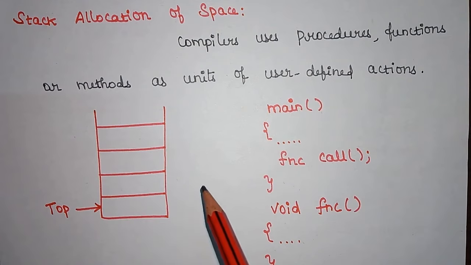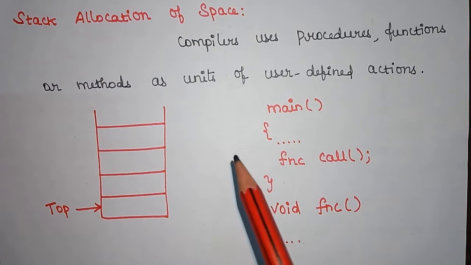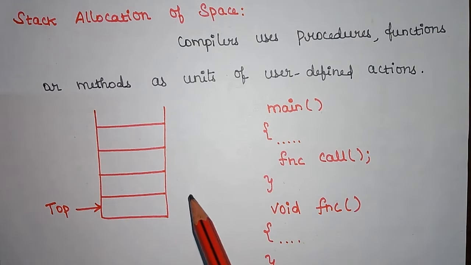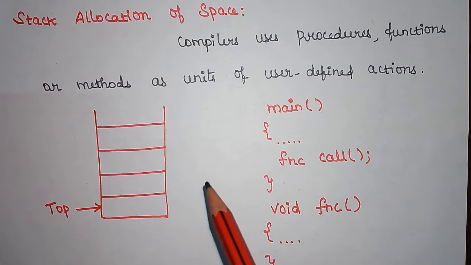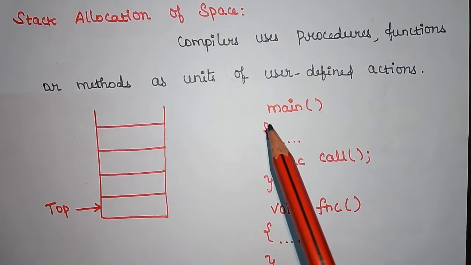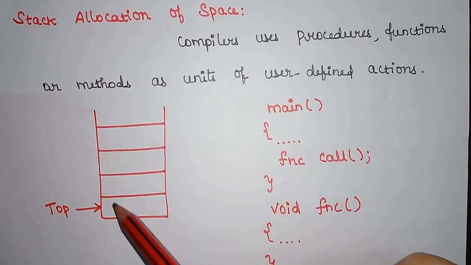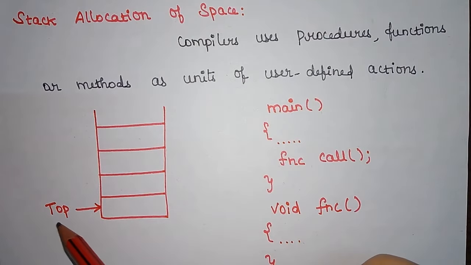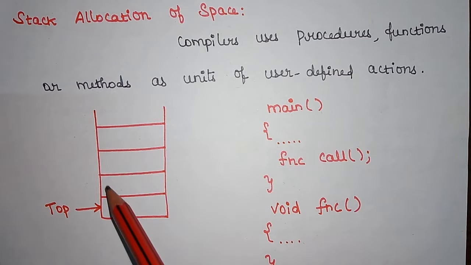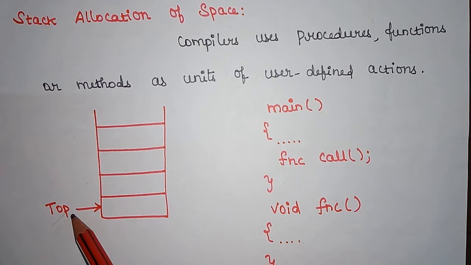We first describe the form of stack allocation, where the sizes of all the activation records are known at compile time. This is the stack, which has a register called top. This top is used to indicate the top of the stack, and whenever an activation record is pushed onto the stack, the value of top gets incremented.